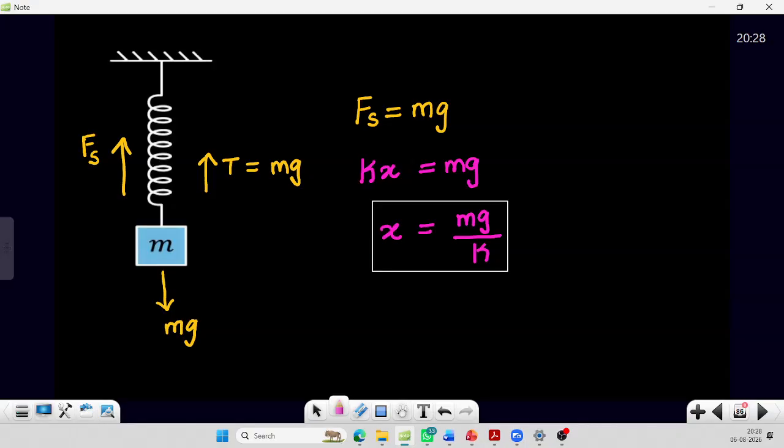They will get the values, and whatever value they mention, we can put that value and we can get the elongation.